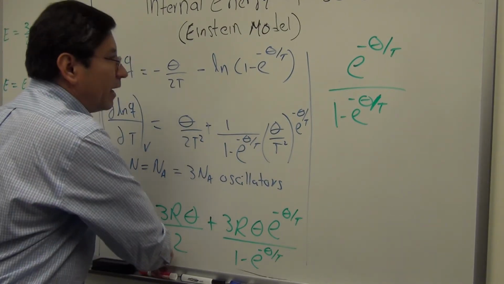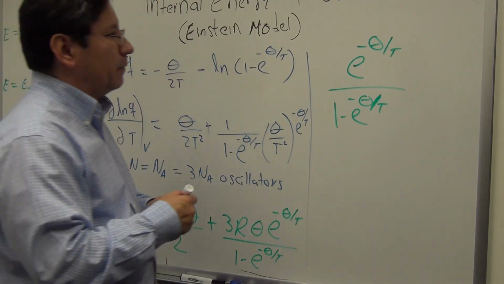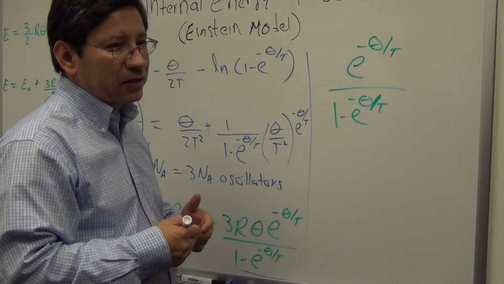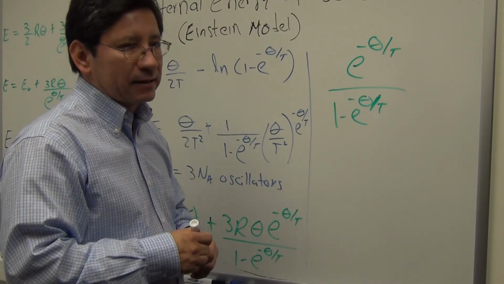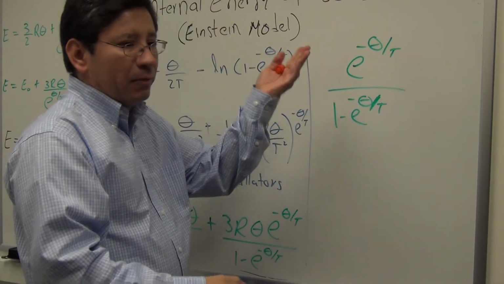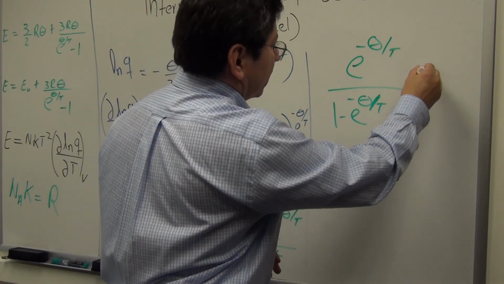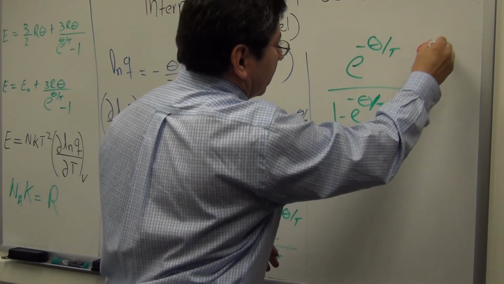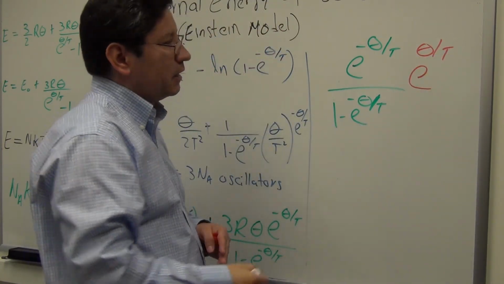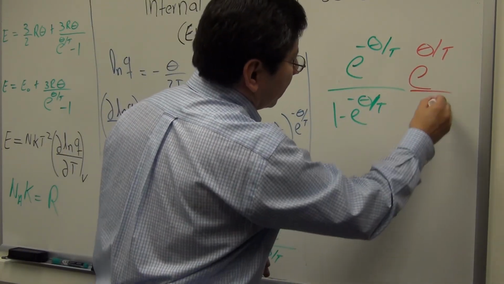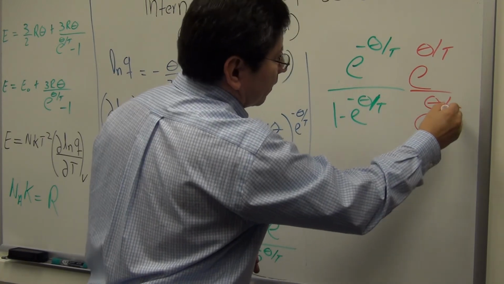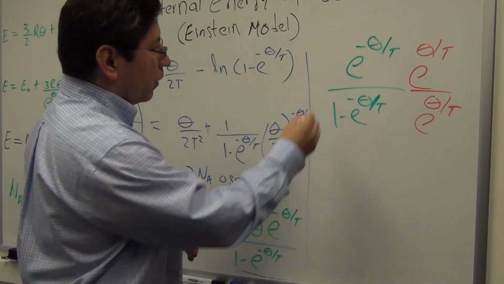What happens if I multiply and divide by the same quantity in a fraction? Well, the fraction is not going to be altered. If I multiply the numerator and the denominator by the same quantity, the fraction remains the same. So let me multiply by e to theta over t above and e to theta over t as a denominator. What happened to it?